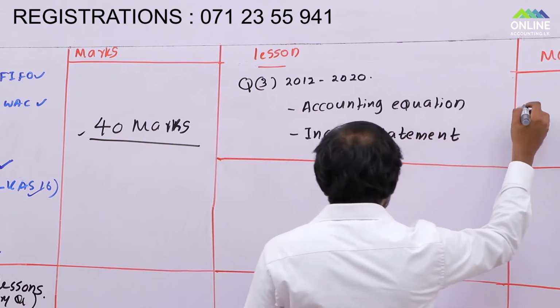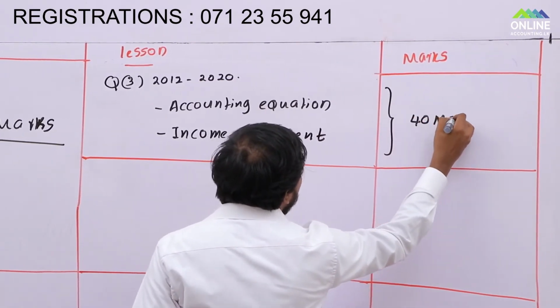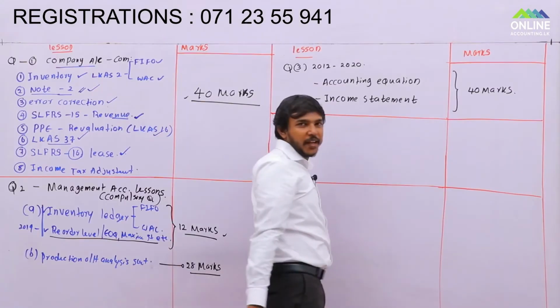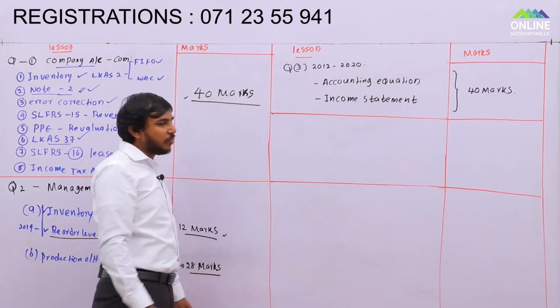For the accounting equation and this one, the altogether marks allocated was 40 marks. This is so important, the accounting equation. Then you had to prepare the income statement based on that.